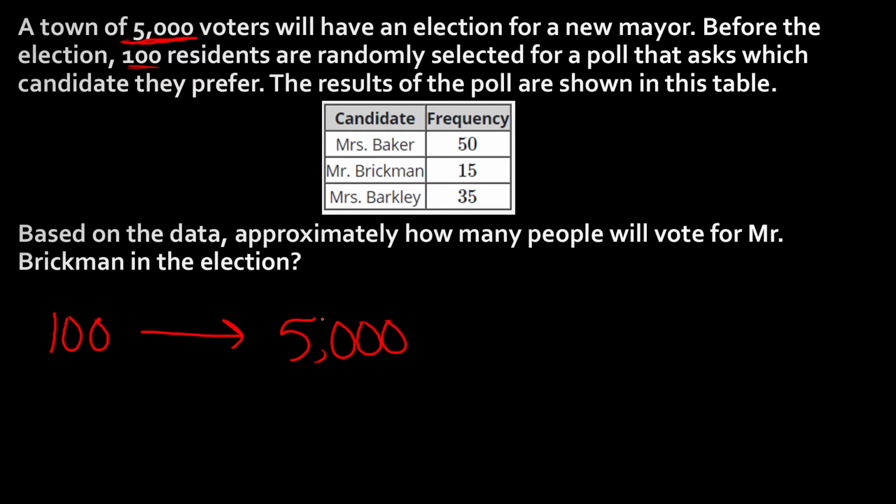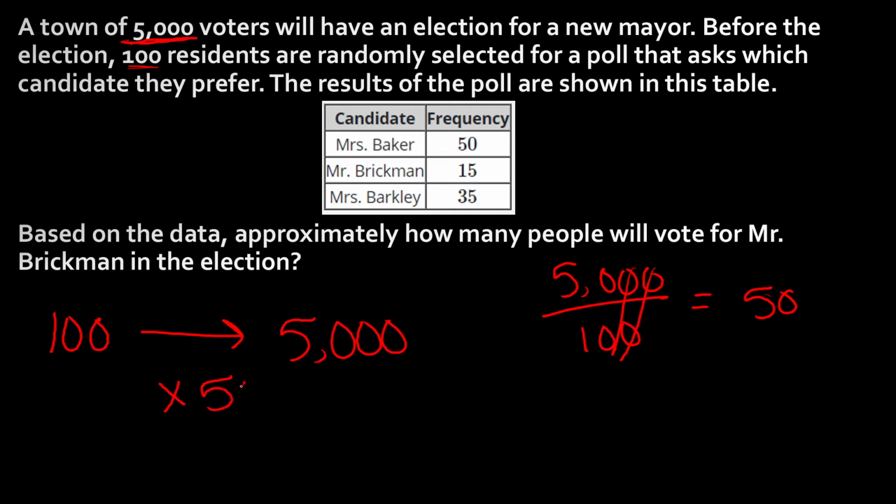In order to do this question, I first have to figure out, 100 times what number gives me 5,000? An easy way to do that is to just divide. 5,000 divided by 100, the zeros cancel and I'm left with 50.